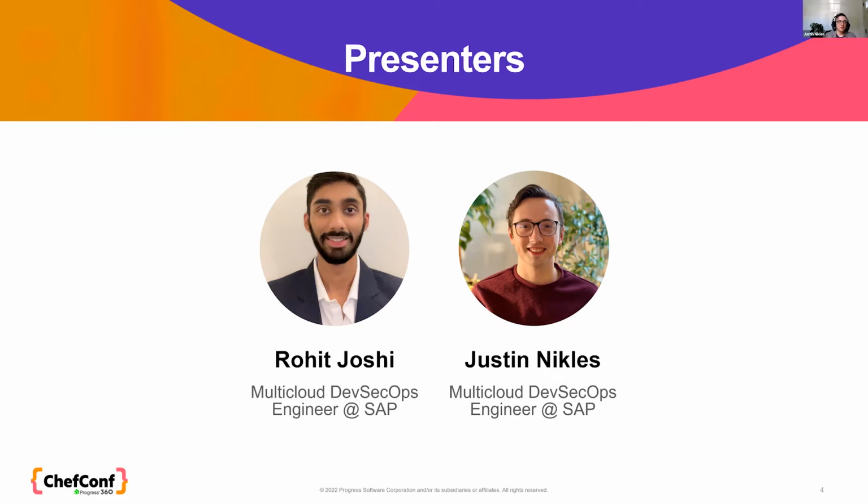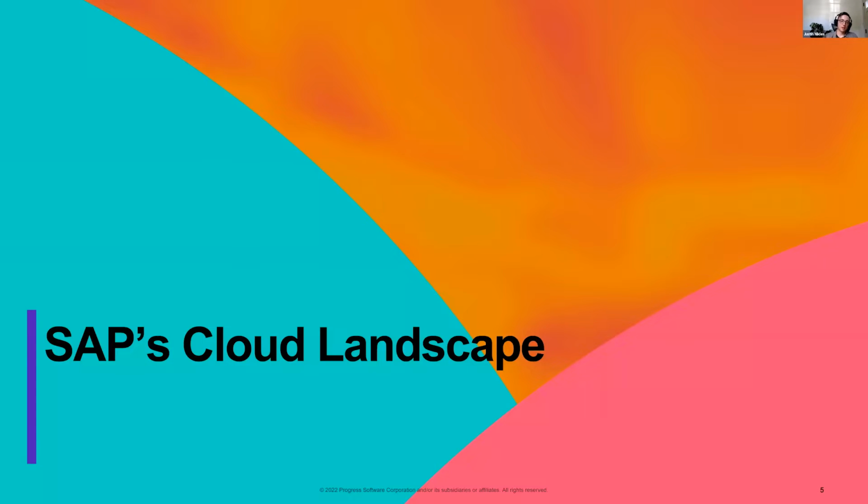But Rohit and I have been working together along with the rest of our team at building out an internal CSPM solution using Inspec and some other components that we'll touch on a little bit. But really glad to be here, and we'll just go ahead and get started talking about our cloud landscape.